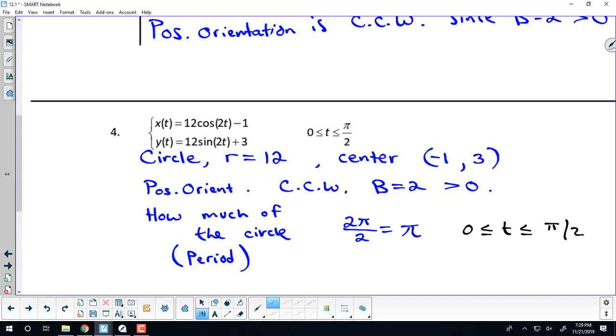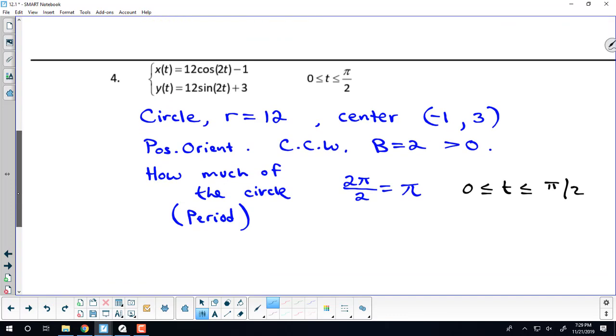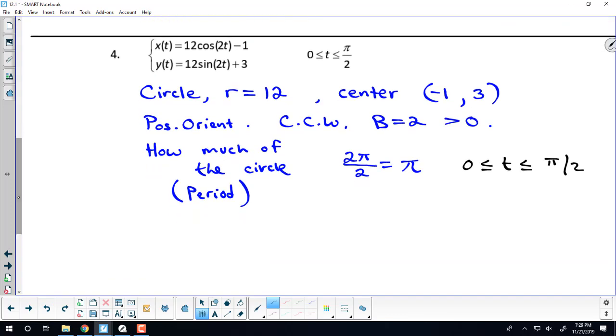Or again, we can just think about the t being input into sine and cosine. 2 times 0 is 0, so we'd have sine and cosine of 0. And then at the end we would have sine and cosine of 2 times pi over 2, or pi. 0 to pi is where the argument goes.